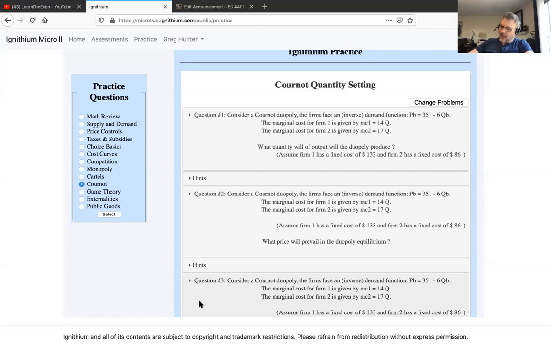And what I want to pay attention to is the intercept of the reaction function.